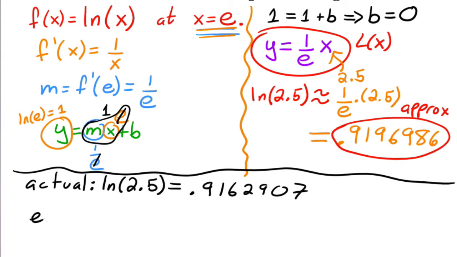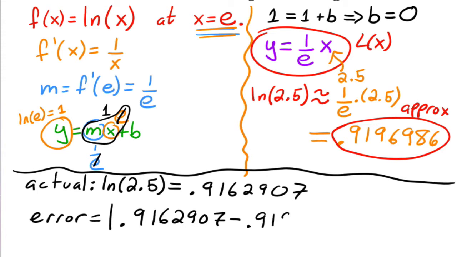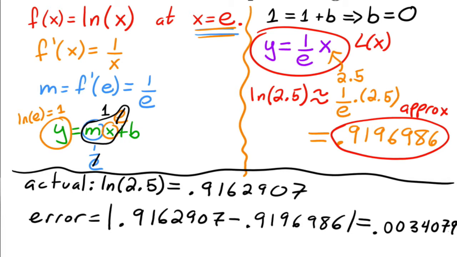Okay, so then the error is equal to the absolute value of the actual, 0.9162907, minus the approximated, which is 0.9196986. That's equal to 0.0034079. Okay. So that's the error.